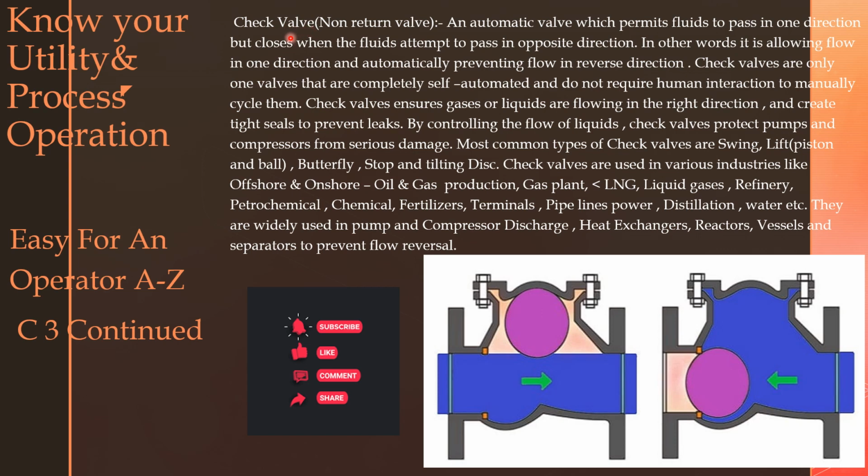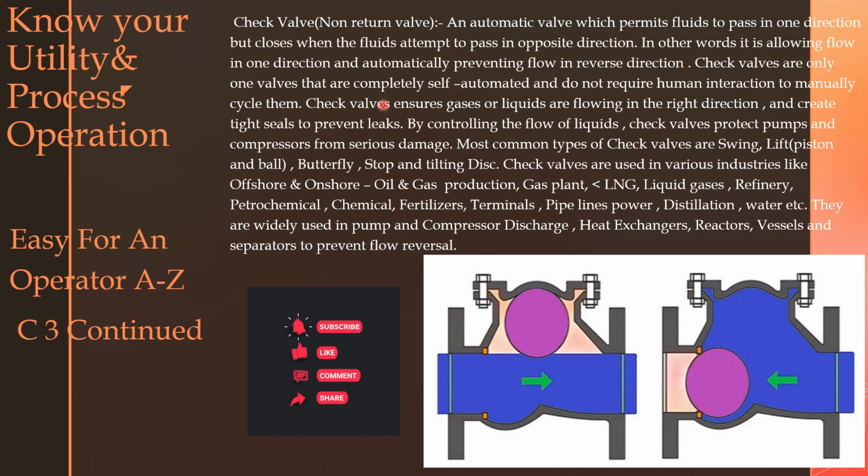We can see the check valve, also called a non-return valve. This is an automatic valve which permits fluids to pass in one direction but closes when the fluids attempt to pass in the opposite direction. In other words, it allows flow in one direction and automatically prevents flow in the reverse direction.